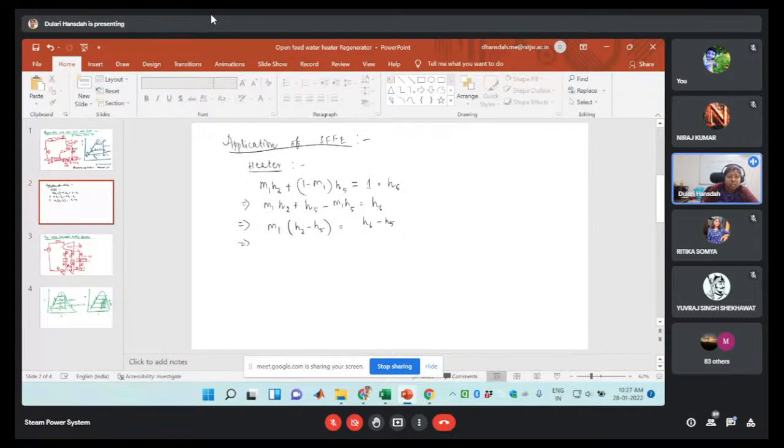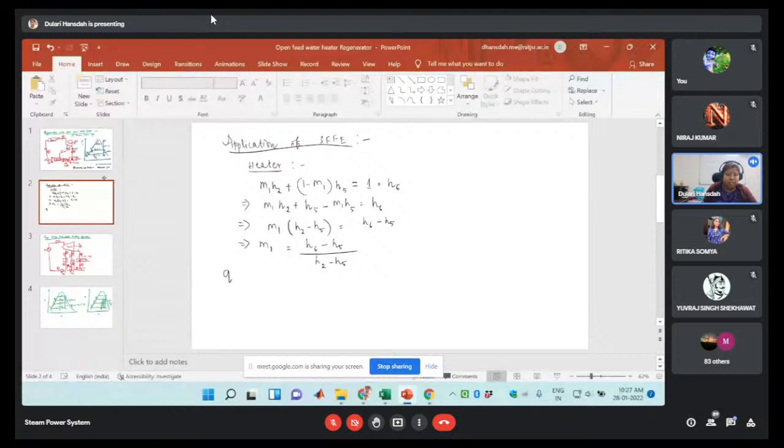So M1 will be H6 minus H5 upon H2 minus H5. This is the amount of steam drawn from the turbine, which is utilized in the feed water heater.